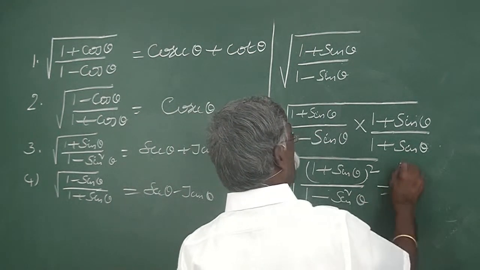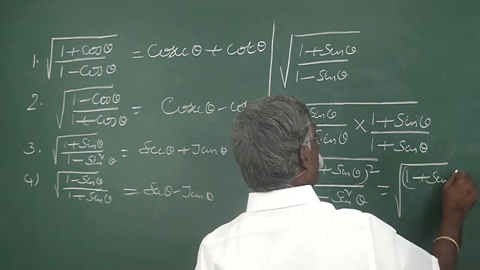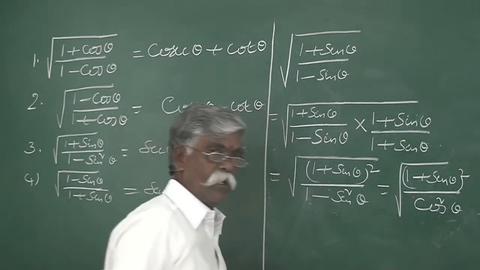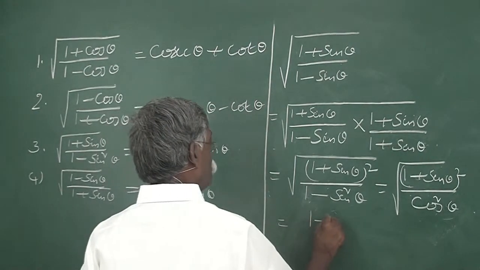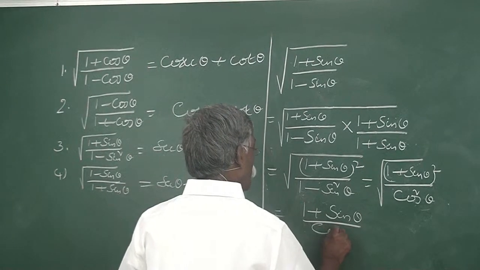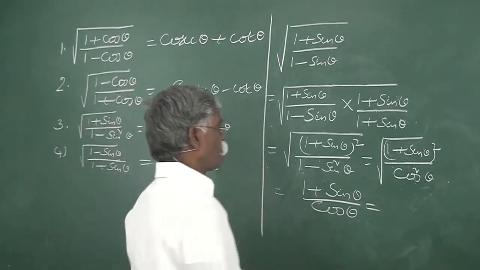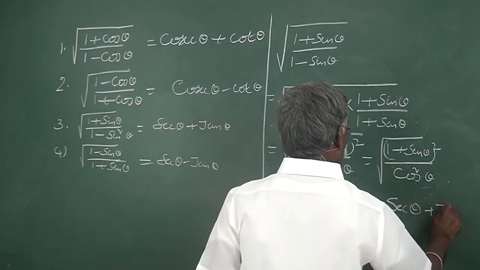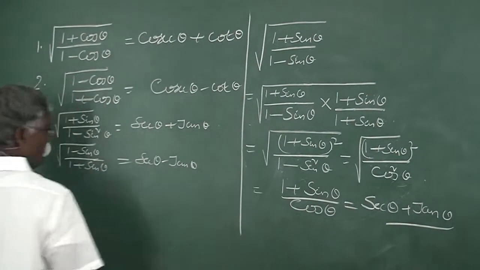Now this is equal to root of 1 plus sin theta whole square by cos square theta. If we take out the square root, we are left with 1 plus sin theta by cos theta. When we split this, the first one becomes 1 by cos theta, means secant theta. The second one becomes sin theta by cos theta, means tan theta.